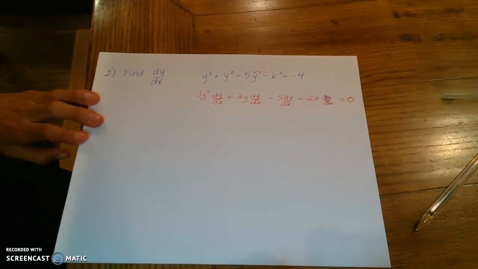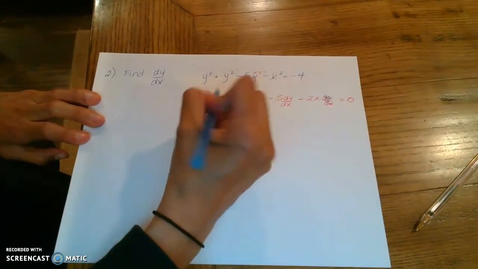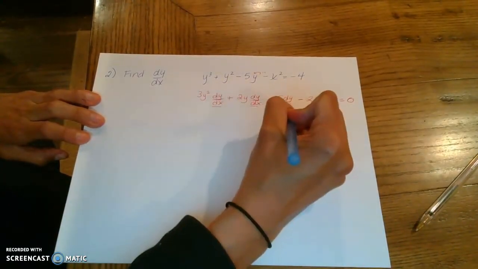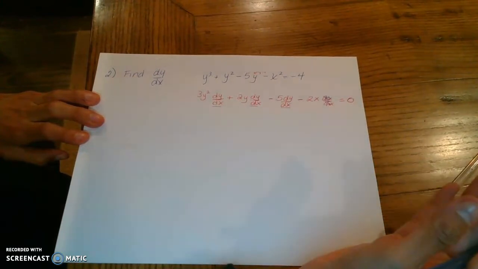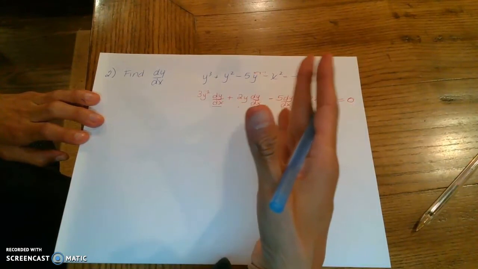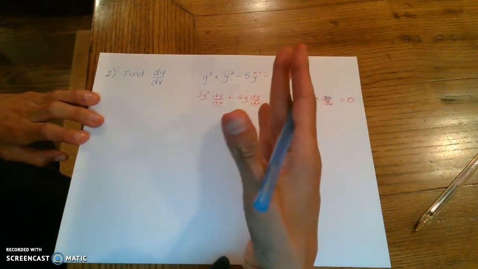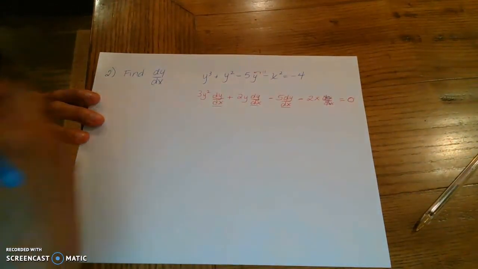So I'm looking at this and I need to solve for dy/dx. My issue here is I got 1, 2, 3 dy/dx's. Well, that's okay. We've had that before where we have multiple variables of what I want. I'm going to isolate that variable. Everything that has dy/dx is going to stay on one side of the paper.